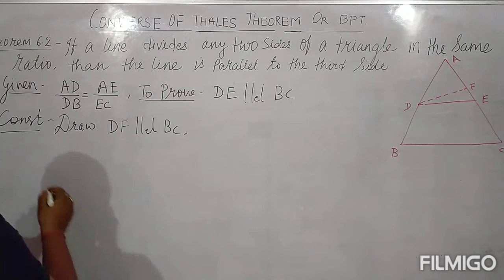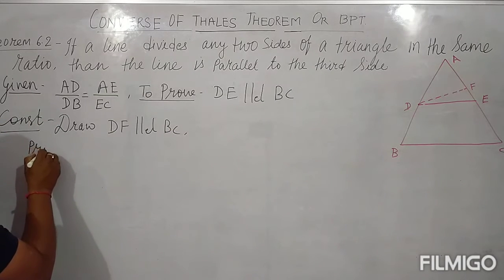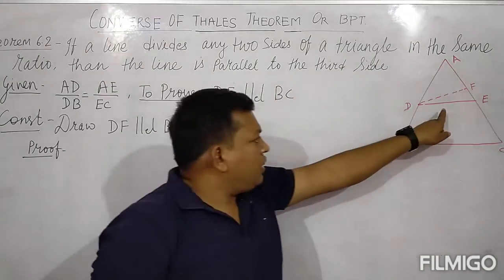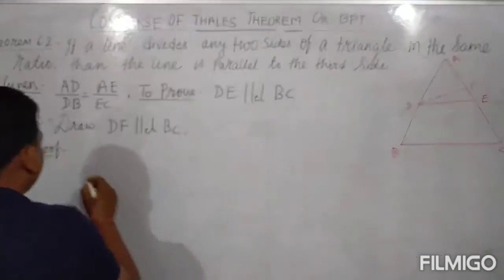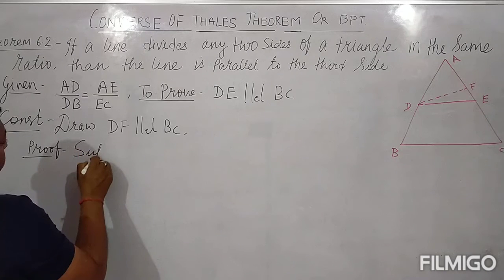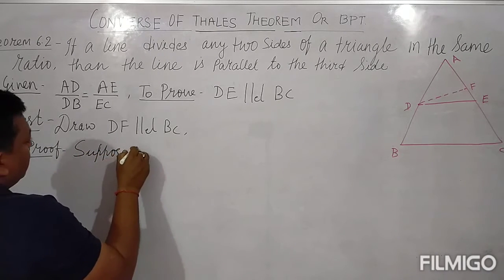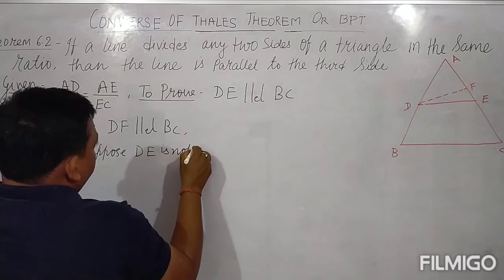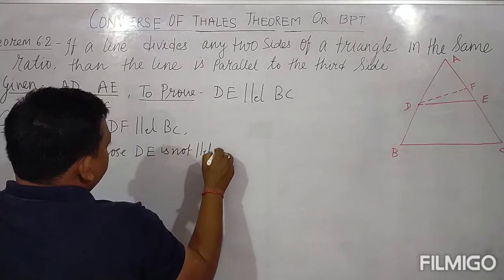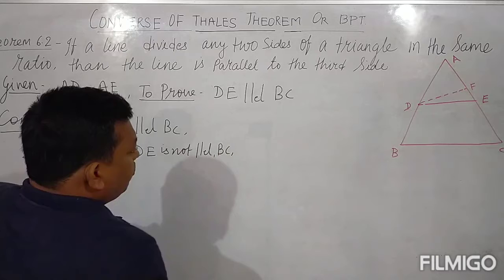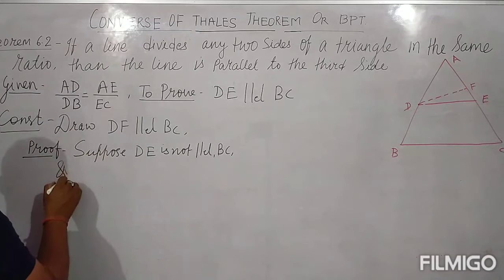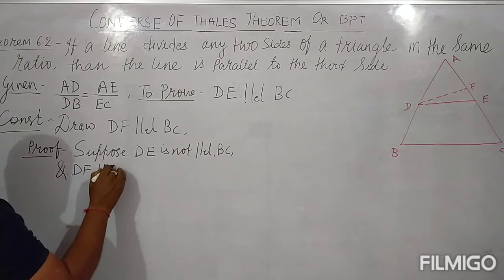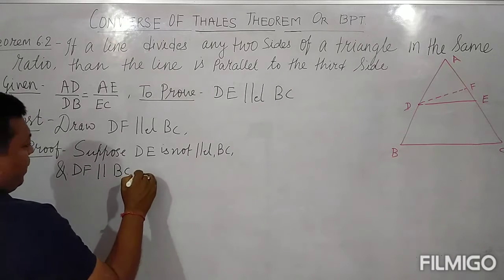And now proof. First, suppose DE is not parallel to BC. So we will write suppose DE is not parallel to BC. And DF parallel to BC by construction.